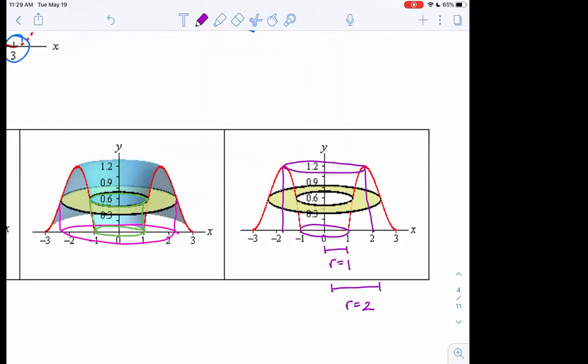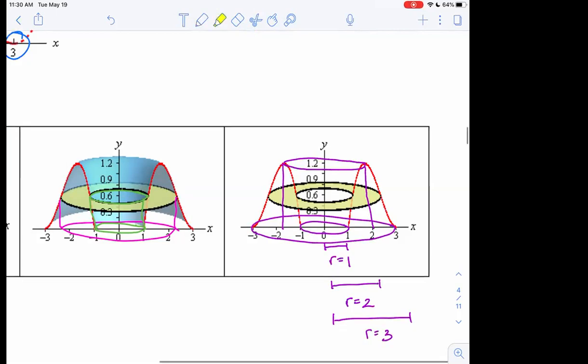And then what is the radius of the widest shell for this shape? 3? It's going to be 3, yeah, because that is where our function sort of stops. So our biggest radius is 3.